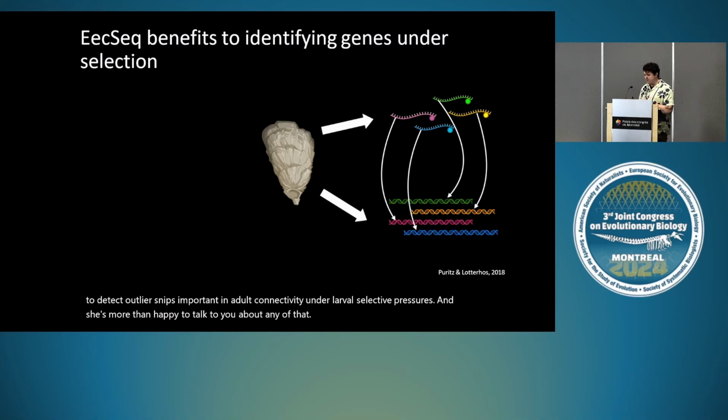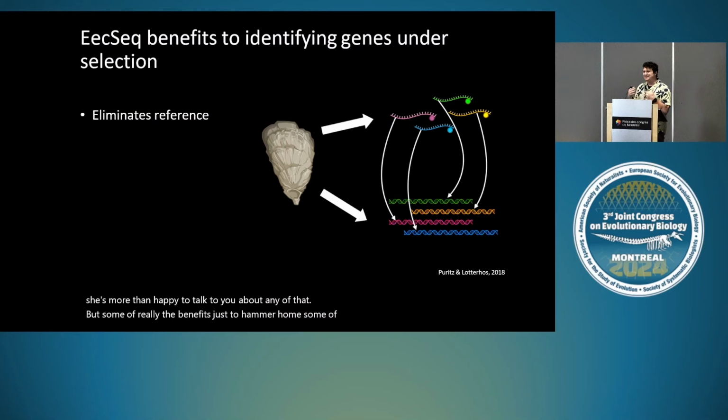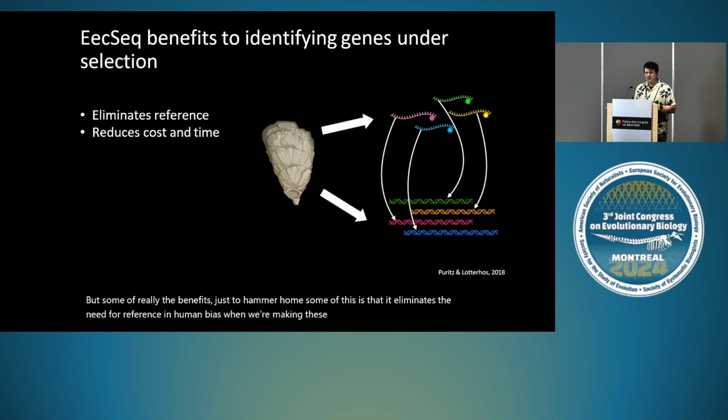Some of the benefits, just to hammer home, are that it eliminates the need for reference and human bias when we're making these decisions. Next, it reduces the cost and time. Think about how much time it takes to make a genome, extract coordinates, and figure out what's significant. That's not needed within this method.